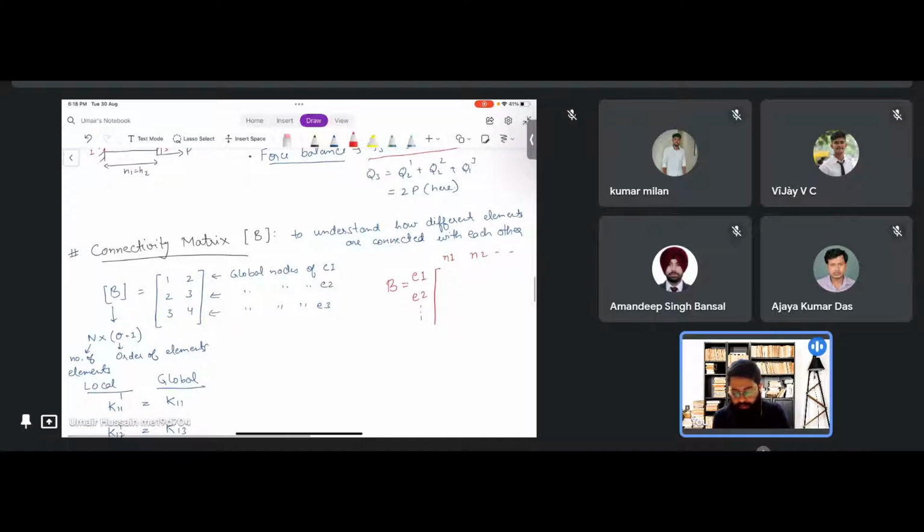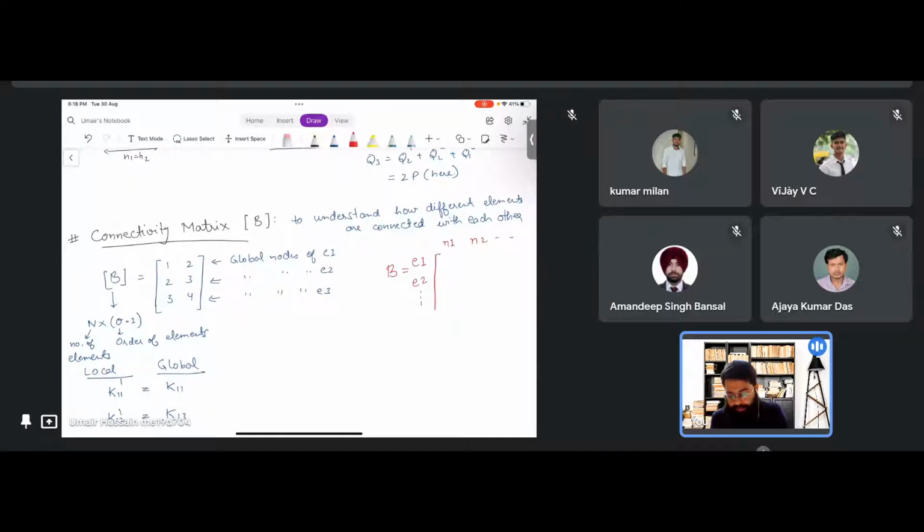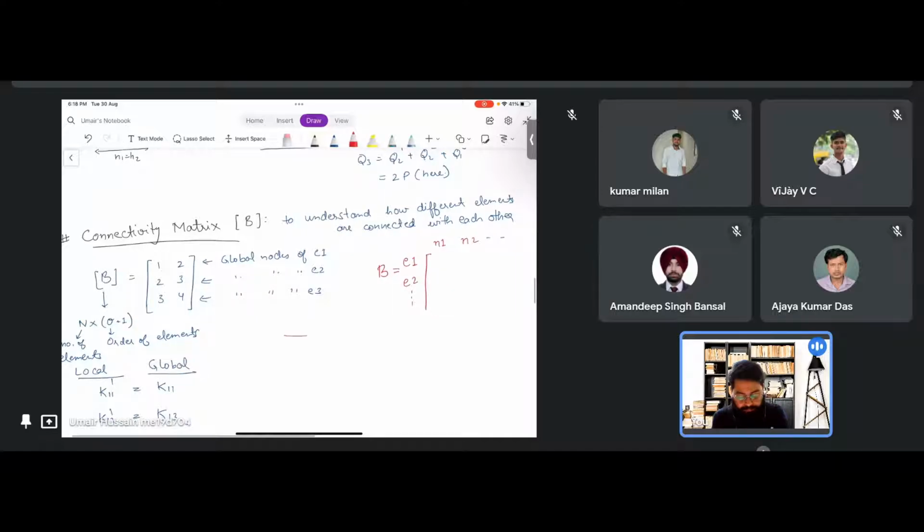So for example, in a simple case, we have two elements and three nodes. How do we write its B? For element e1, this is our first elemental node n1, and this is the second elemental node.